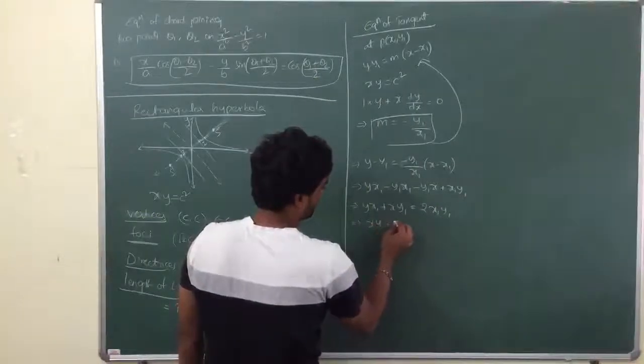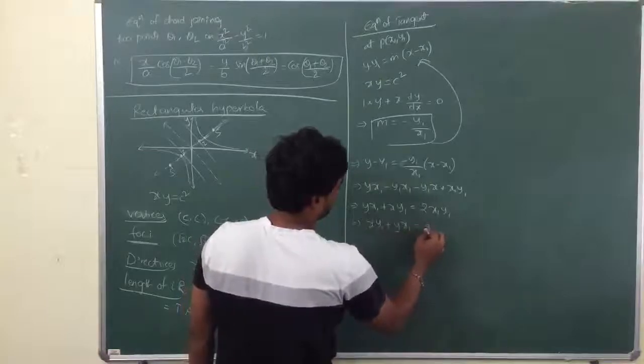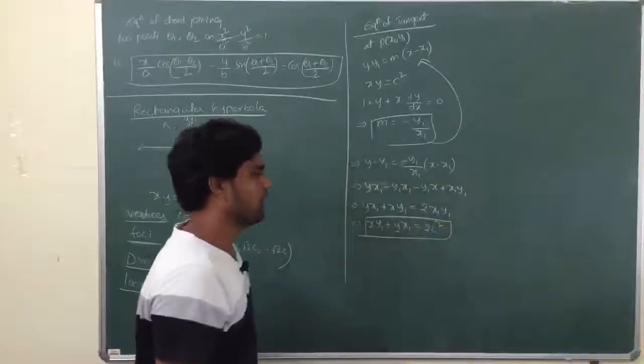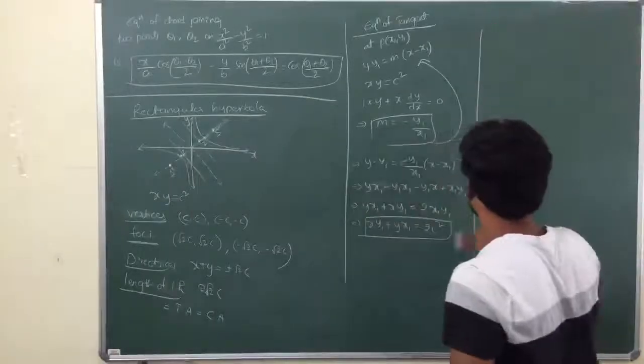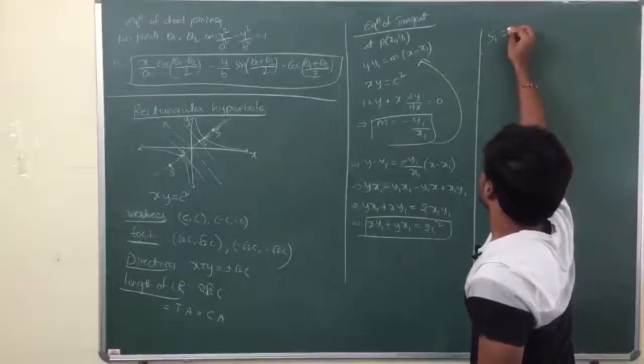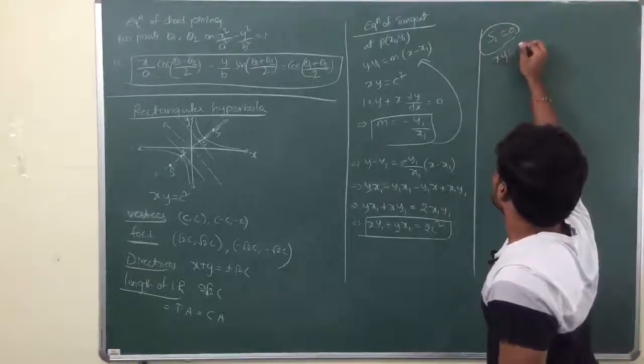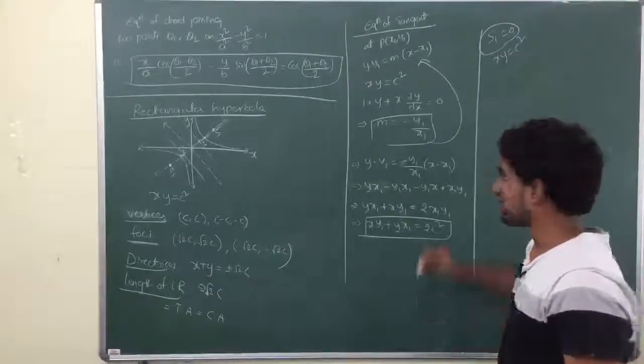So xy1 plus yx1 is equal to 2c square. Or else simply use S1 is equal to 0 for xy is equal to c square.